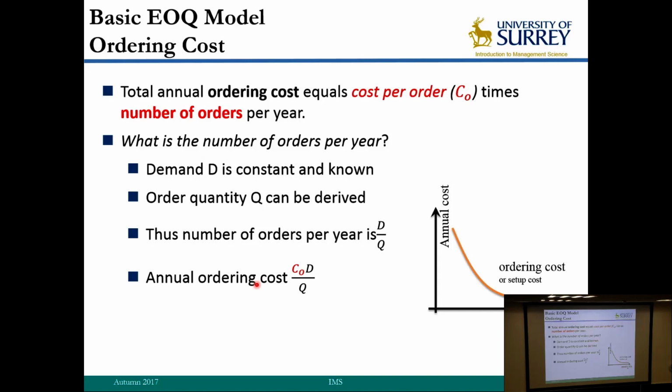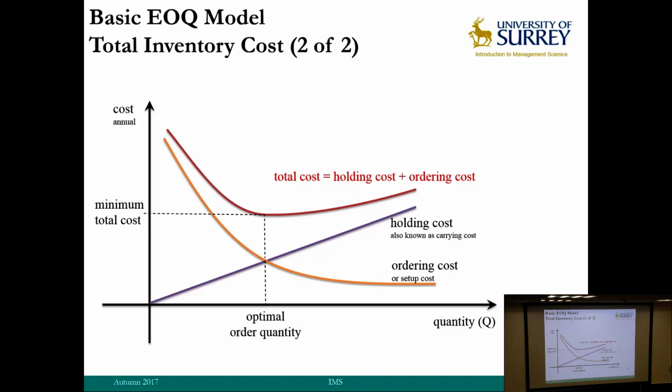Okay, so two types of cost. What if we consider them together? This is the holding cost: the bigger the Q is, the higher your holding cost is. And this is your ordering cost: the bigger the quantity is, the smaller your ordering cost is.